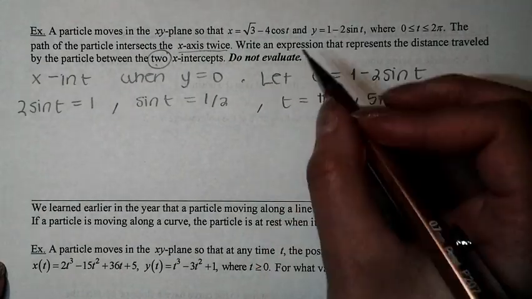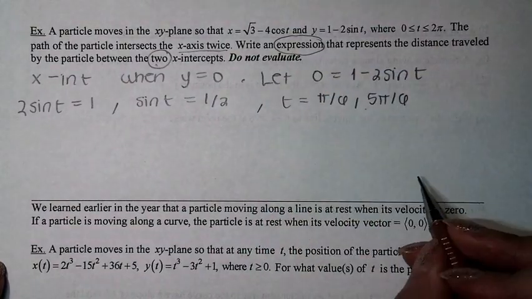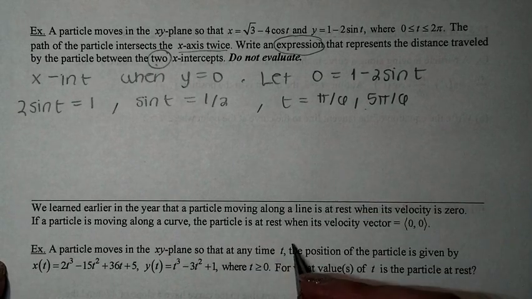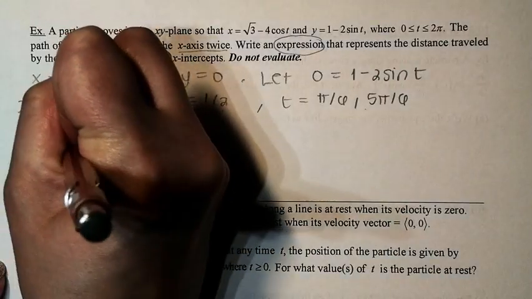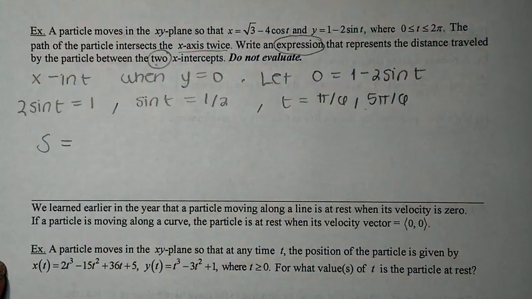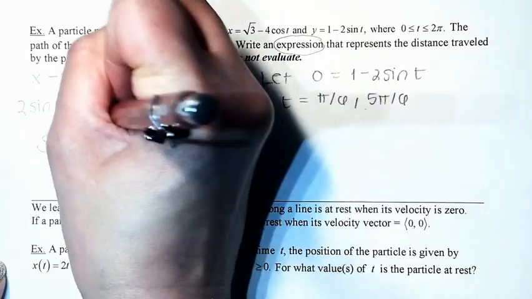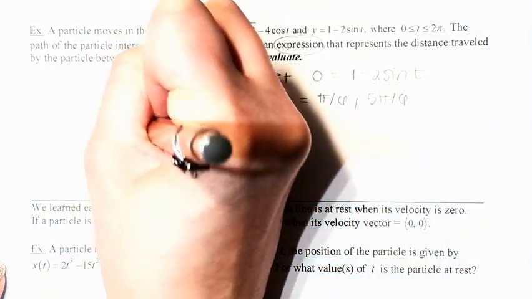Write the expression, so you don't need to solve it, that represents the distance traveled by the particle between the 2 intercepts, the 2 x-intercepts, excuse me. So you know that the distance, or the arc length, is going to be equal to what? The integral from pi over 6 to 5 pi over 6, that's why you found them.